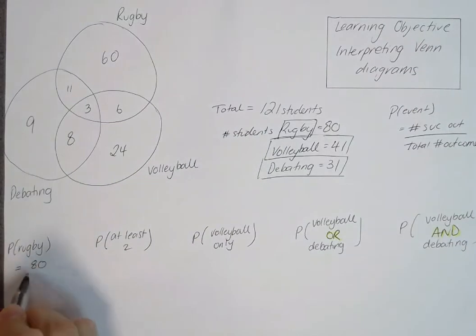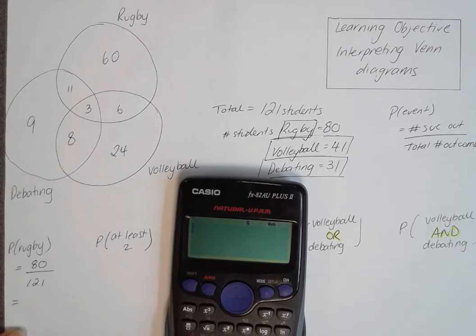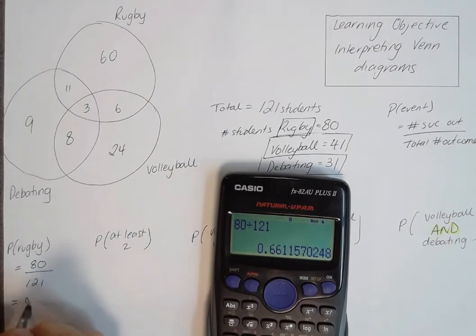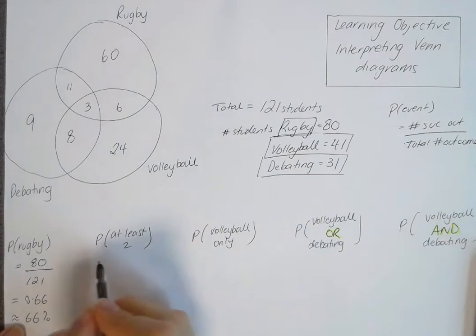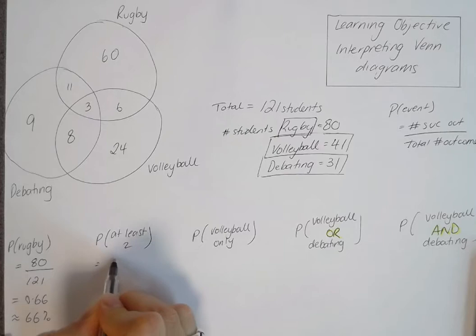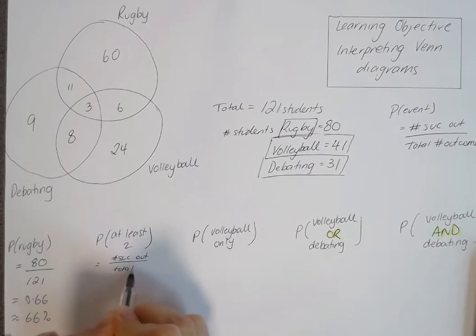So that means 80 out of a total number of 121 students, which is 0.66, which is approximately 66%. Now, I've done something wrong there because I haven't actually written the formula. I'm going to not do that for the sake of speed, but you need to, okay? So really quickly, successful outcomes divided by the total outcomes.